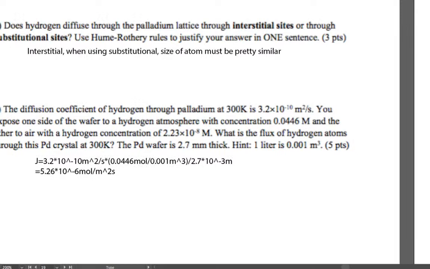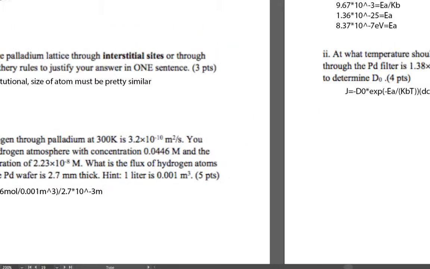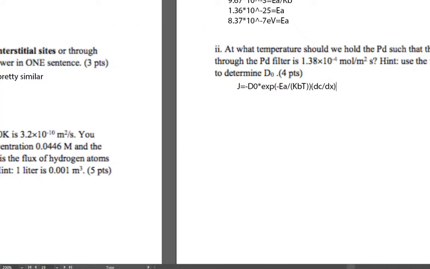We have found out that 5.26 times 10 to the power of negative 6 is our first answer. So when you do the crazy thing, J2 divided by J1 must equal, well, the D naught actually crosses out, so what you'll get is the exponential of minus EA over KBT.